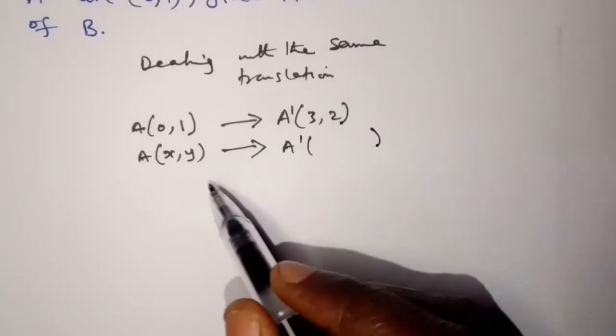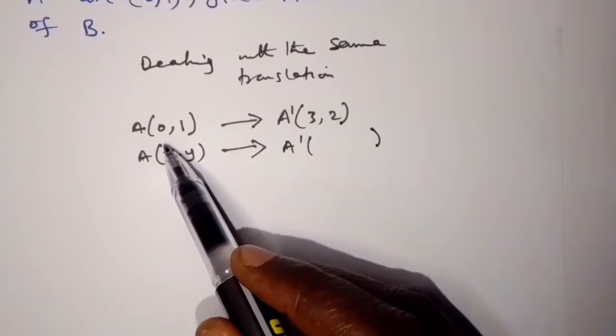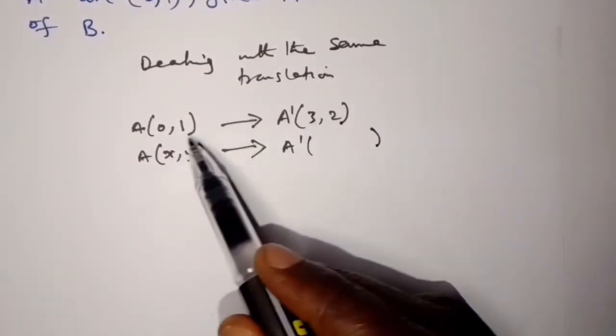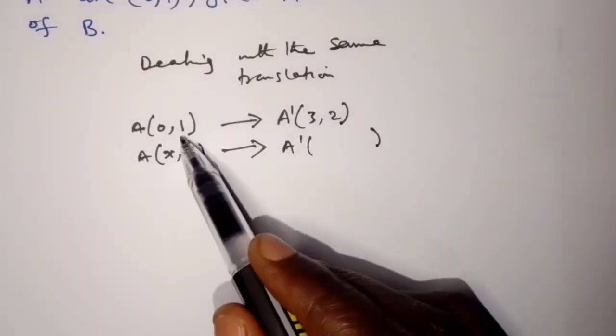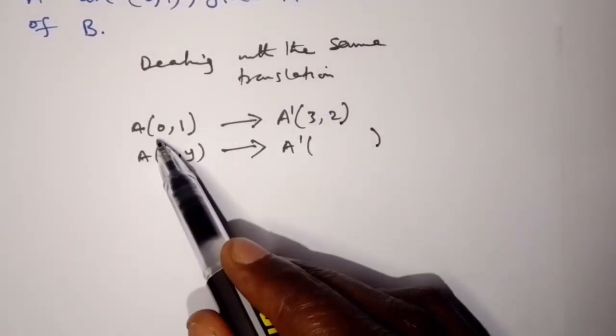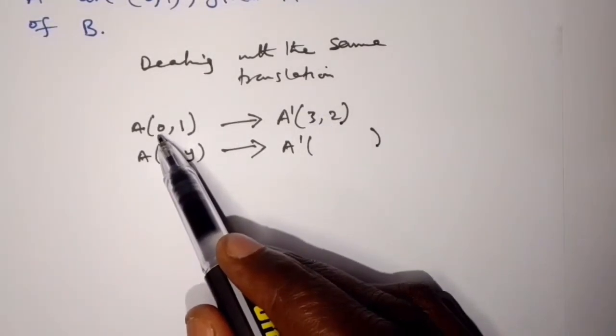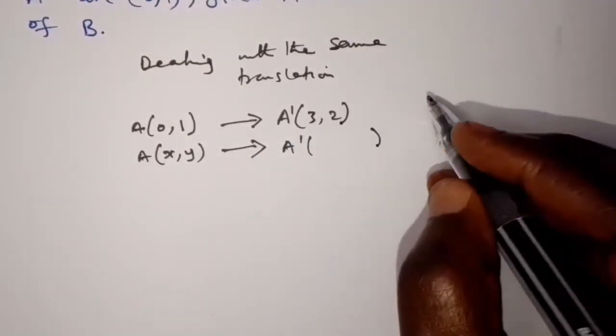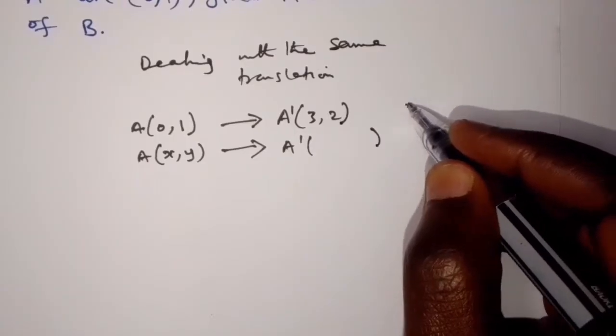you can see here that 0 plus 3 is giving us 3. That is x here.